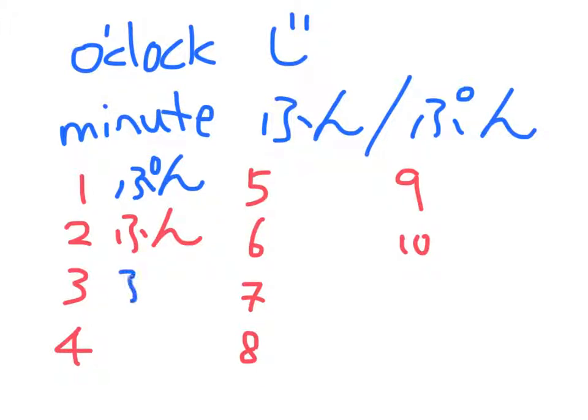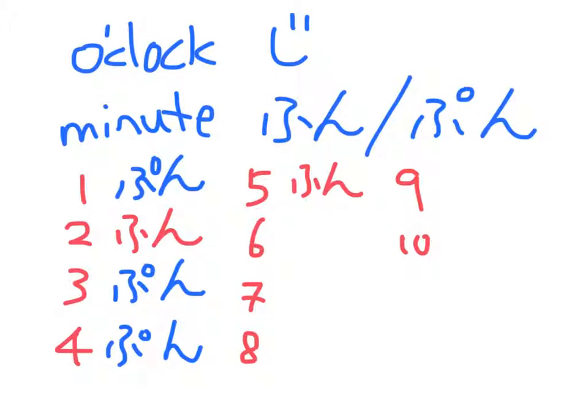3 minutes 3分. And 4 minutes is 4分. 5 minutes 5分. 6 is 6, but this time it becomes 6分.